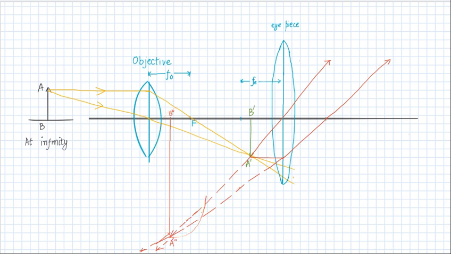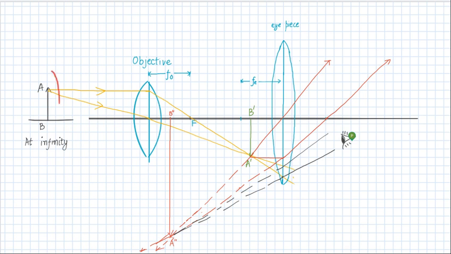Fine. So let me just draw what it will. For the normal human eye, it will appear that the object is somewhere here. And why is it so?